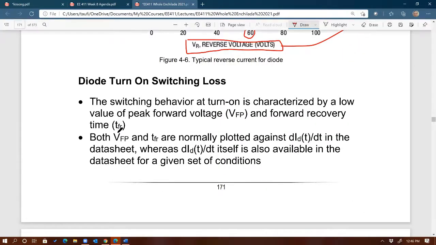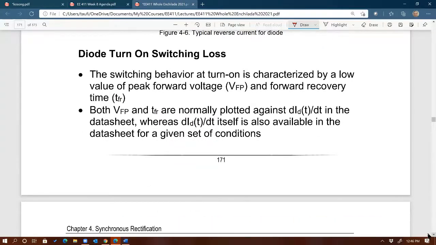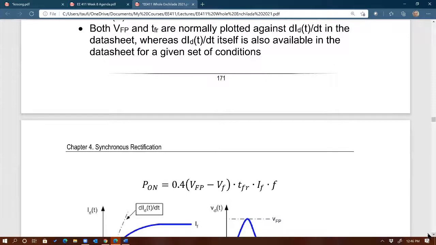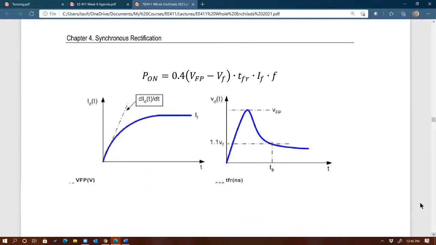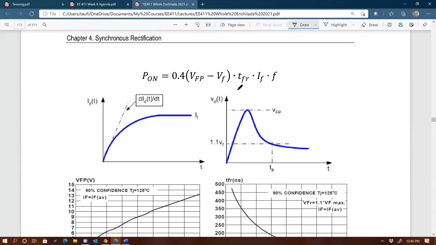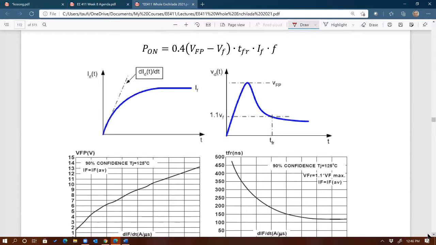Both VFP and TFR are normally plotted against the slope of the current through the diode, dI/dt, in the datasheet. Whereas dI/dt itself is also available in the datasheet for a given set of conditions. So it's not as straightforward as the previous two losses, but it's not as bad as the turn-off, as you will see soon. So here's the equation first.